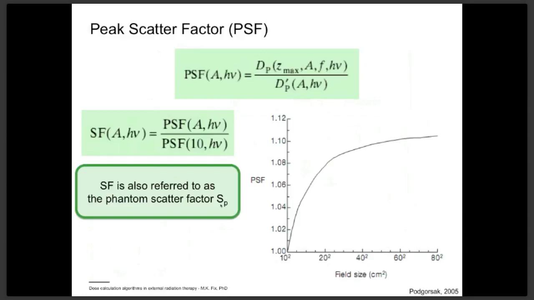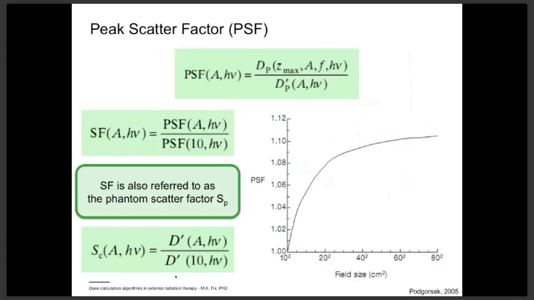That should not be mixed with a scatter factor due to collimator scatter, which is in Kahn's notation C. And this is the dose in air at a certain field size divided by the dose again in air at the reference field size of a 10 by 10 field.